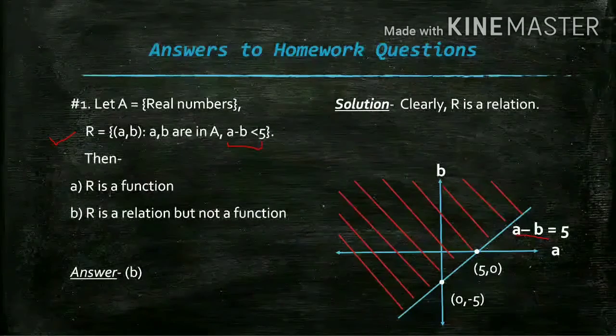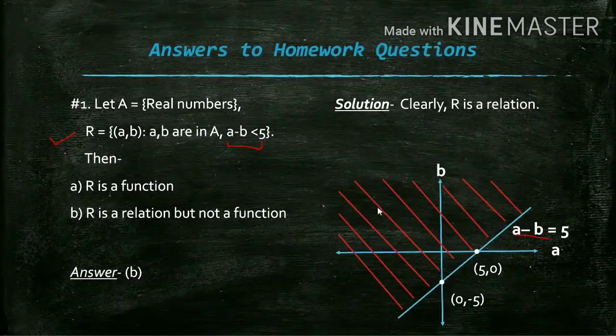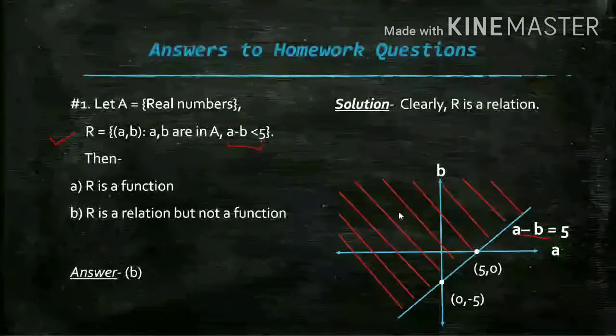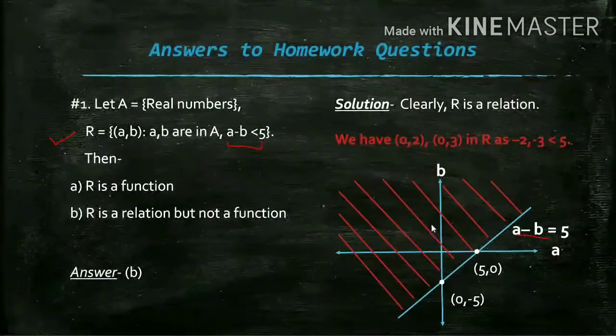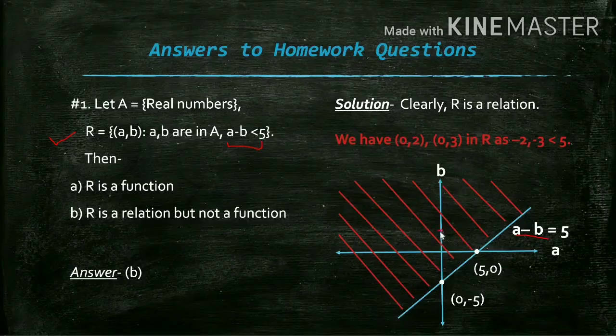Okay. Now it is very easy to find whether it is a function or not. How? You can just put any 2 points whose x coordinate is the same, that means on this line, and y coordinates are different. So let me just put 2 points, 0 comma 2 and 0 comma 3, right?